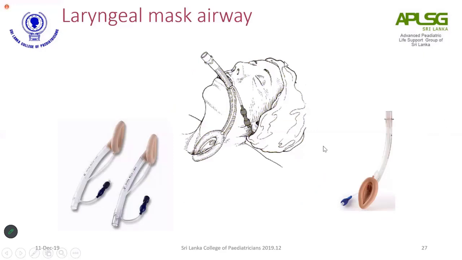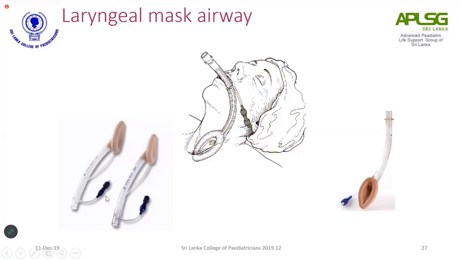Laryngeal mask airway is another skill. Insertion of a LMA is another skill that we need to learn, because if you are unable to intubate or if you are unable to manually ventilate, LMA is a source that you can provide oxygenation until further help arrives.